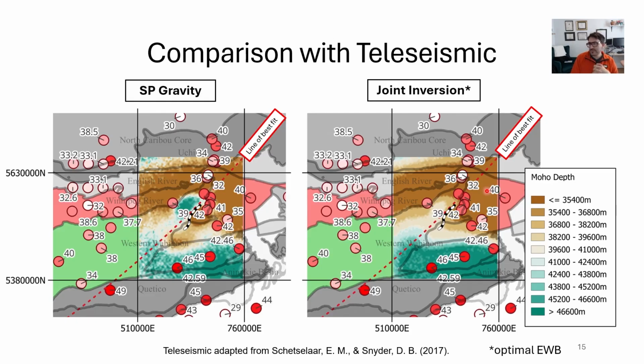We can compare the results of these models with the teleseismic information we have in literature, and that's what I'm showing here. I picked the best model from joint inversion, that one from the east-west belt, and am showing it on the right, and on the left is the single property. It's a very sparse data set, so I didn't really want to overinterpret it.